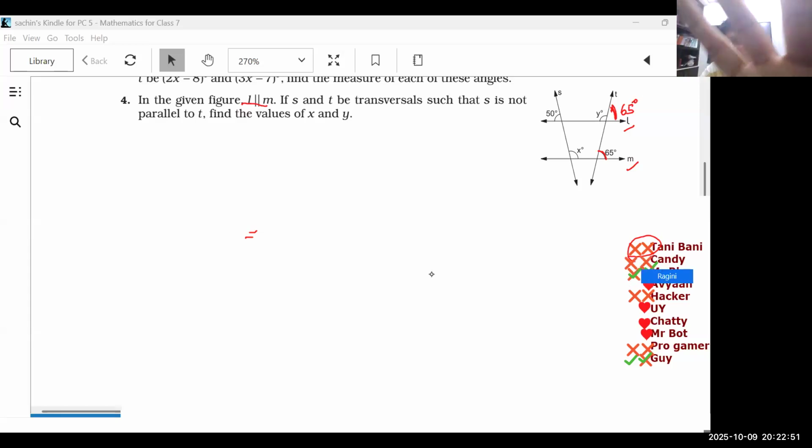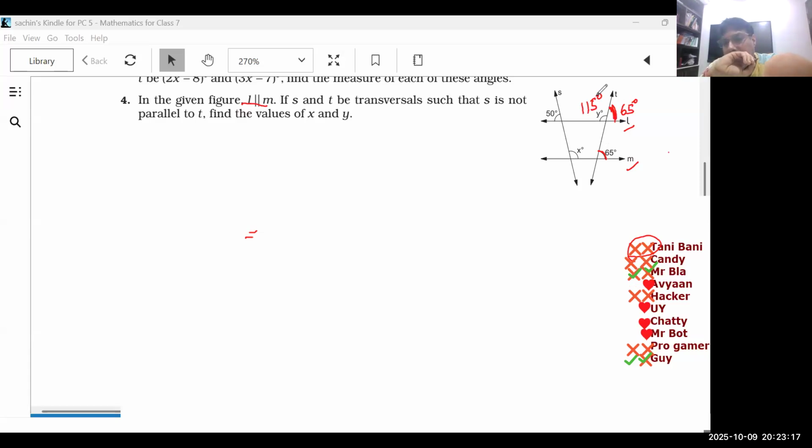No, wrong. Candyman, what's the reason? If this is 65, this also will be 65. Sir, they're corresponding. Correct, they are corresponding. They are on the same side, both above. Then how can we find y? 180 minus 65, that will be equal to 115 degrees.